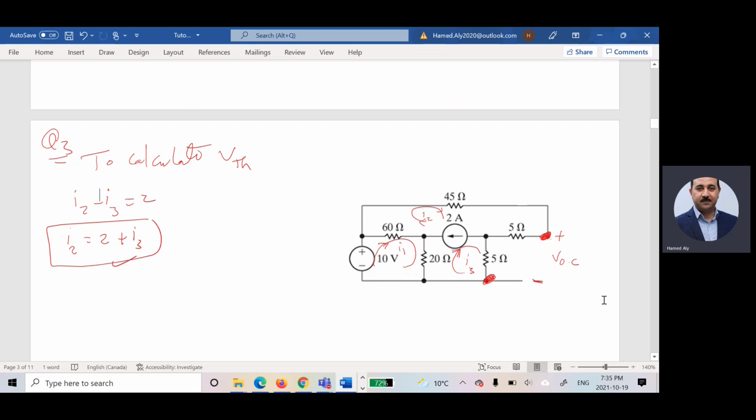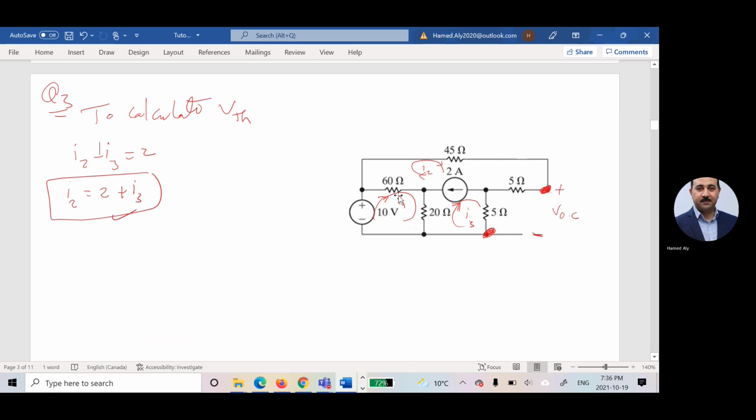That's why if I'm writing summation of the voltage for each mesh is equal to 0, let me start by this. Summation of the voltage for this mesh is equal to 0. So summation V is equal to 0 for mesh 1. So here I have this voltage, which is positive, for example, positive, negative, and for this guy, I have positive, negative.